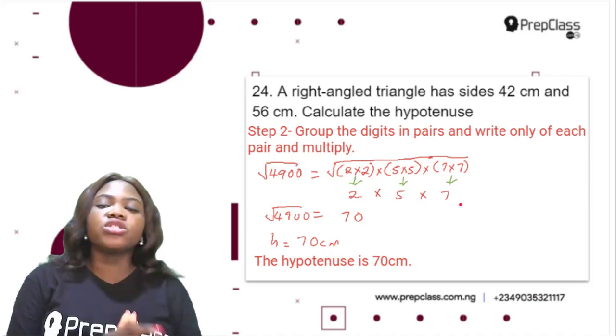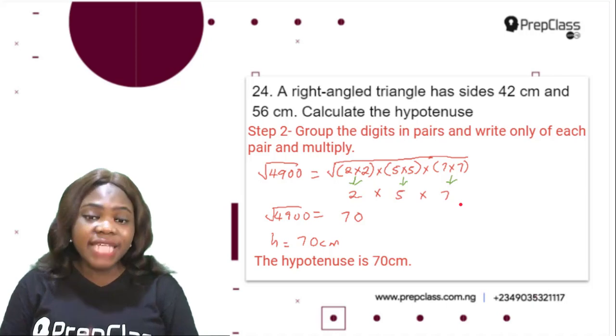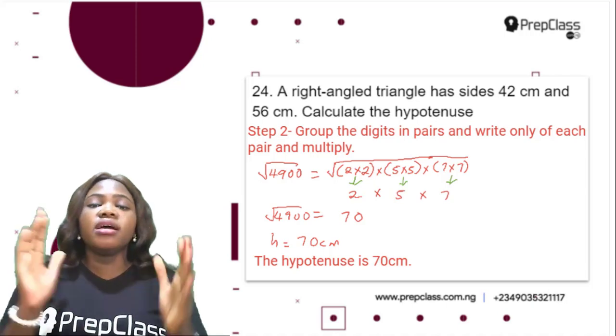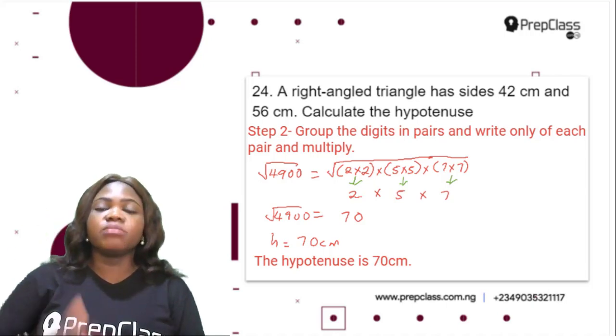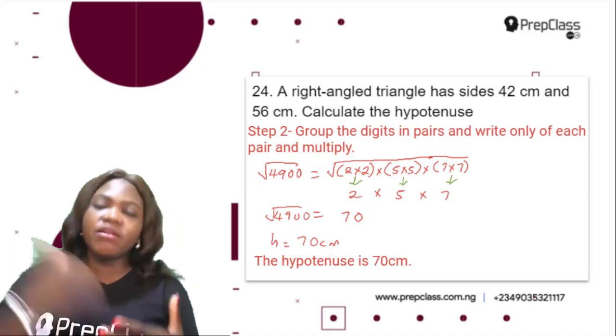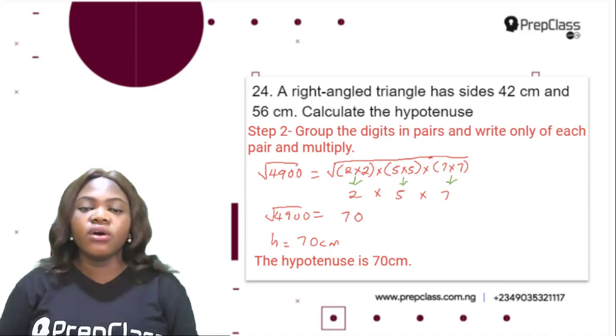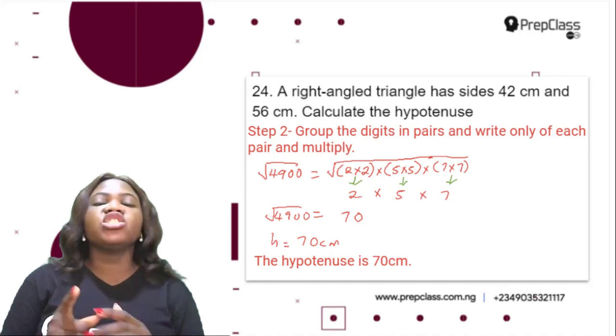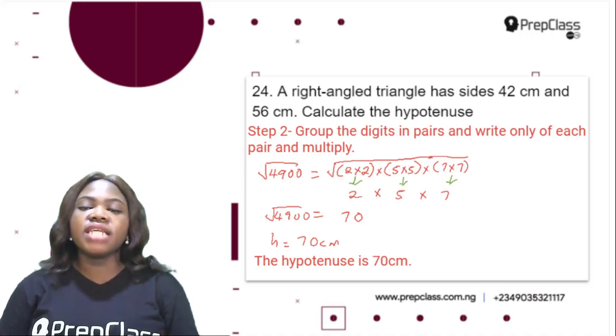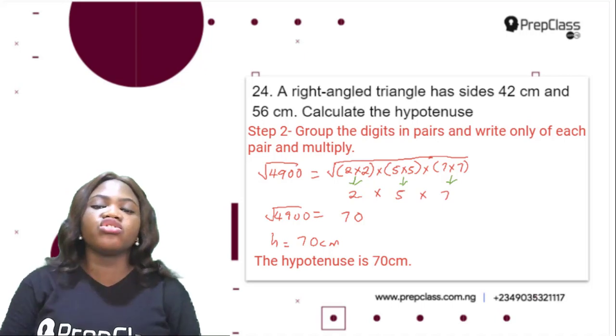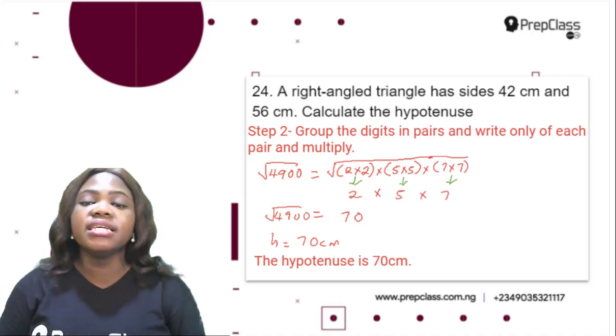So the square root of 4,900 is 70. To be sure that the answer is correct, multiply 70 by itself. That is 70 multiplied by 70, you will get 4,900. So this means that h is 70 centimeter. So the hypotenuse of this right angle triangle is 70 centimeter.